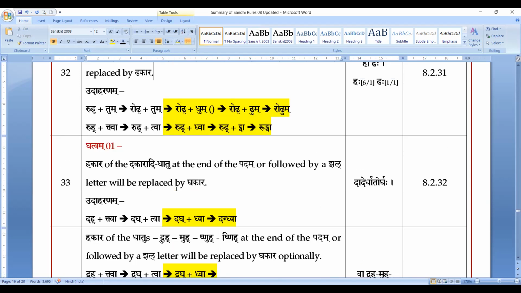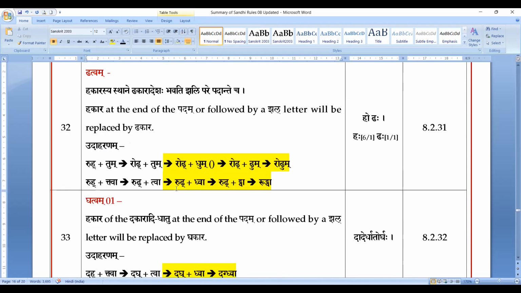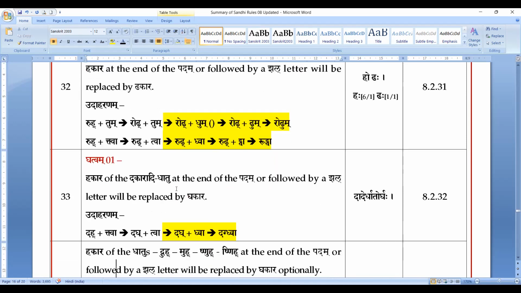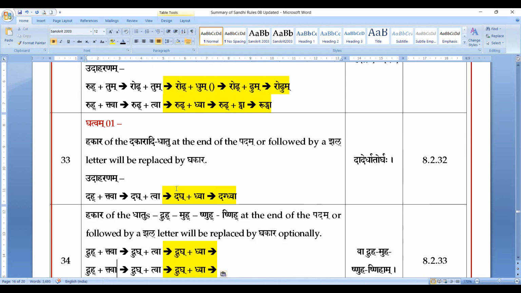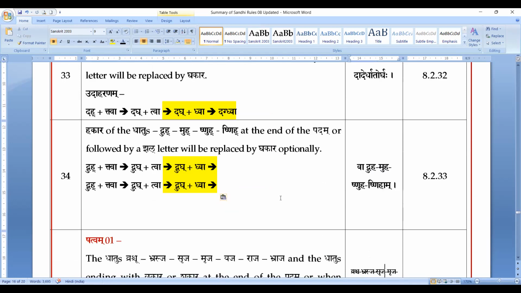What is the Utsarga? Dakara. Dattam will come. That is why Va is there in the rule. Va means optionally, Vikalpa ityarthah. Optionally, the Hakara of these Dhatus can be replaced by Gakara. It means Dakara also can come optionally. So this rule is a Vikalpa, optional.